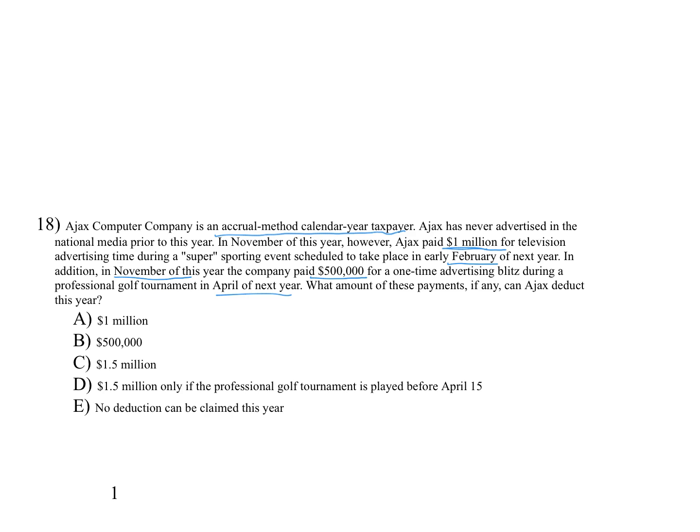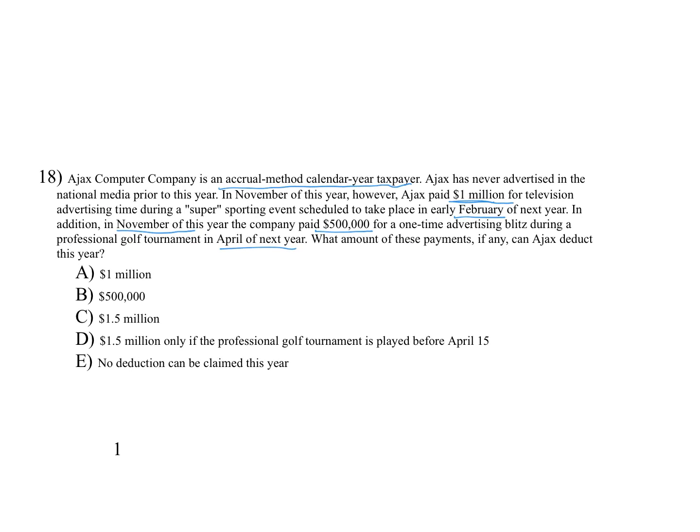All right, so remember from the PowerPoint video that there is this thing called the 3.5 month rule. And what that says is he can actually deduct this $1 million, okay, for the television ad, because under the 3.5 month rule, payment for a service qualifies as economic performance when the actual performance of the service is expected within 3.5 months, right?